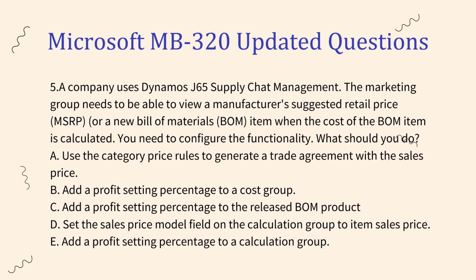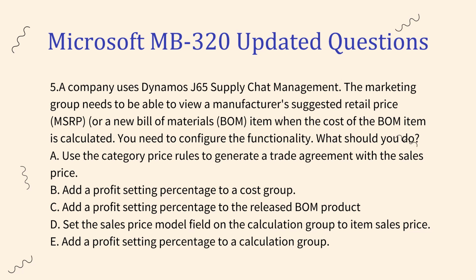5. A company uses Dynamics 365 supply chain management. The marketing group needs to be able to view a manufacturer's suggested retail price, MSRP, on a new bill of materials, BOM, item when the cost of the BOM item is calculated. You need to configure the functionality. What should you do?